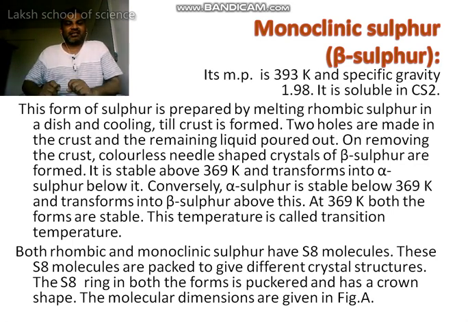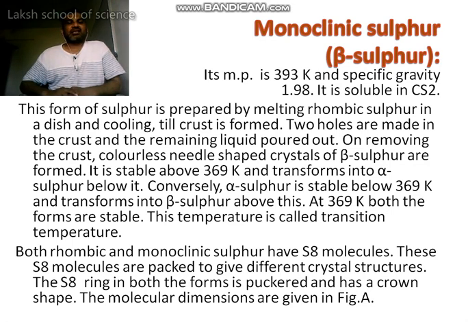On pouring out, the crust is crushed and colorless needle shaped crystals of sulfur are formed. Here it is needle. Monoclinic sulfur is stable above 369 Kelvin and transforms into rhombic sulfur below it, so that is the transition temperature. Which is the transition temperature?